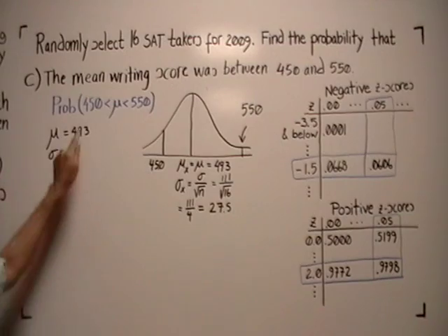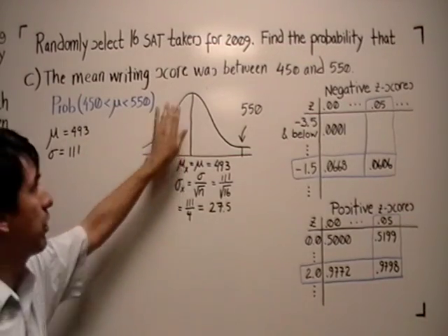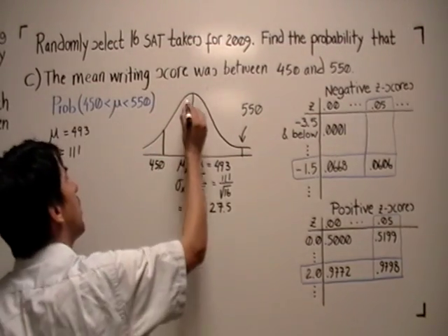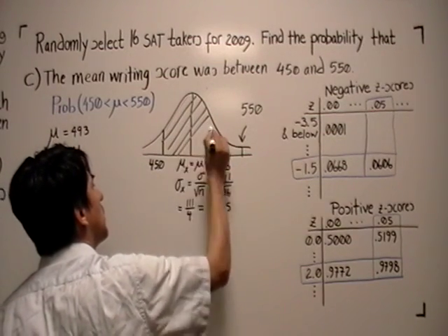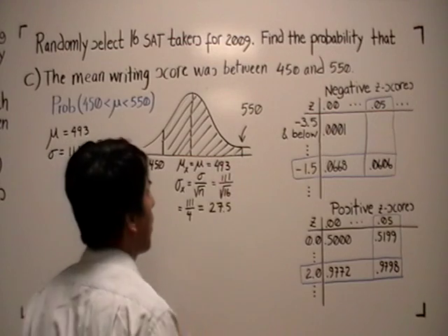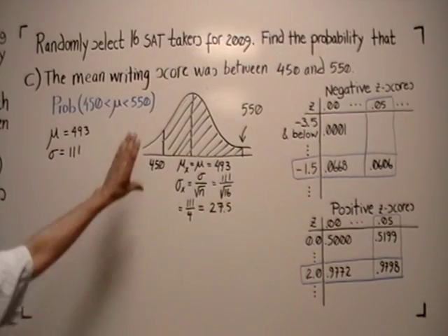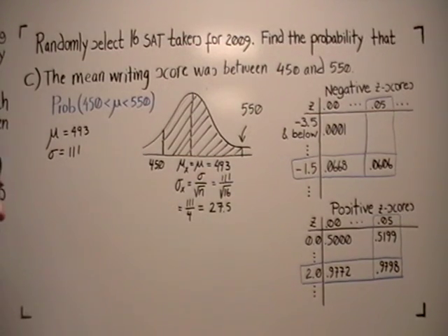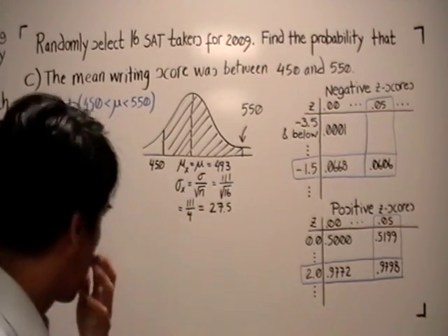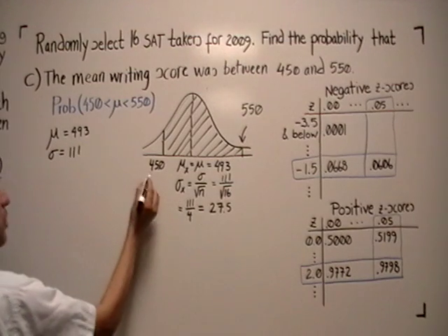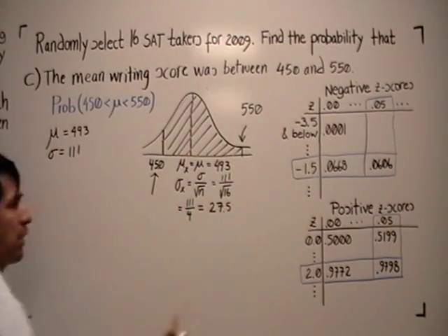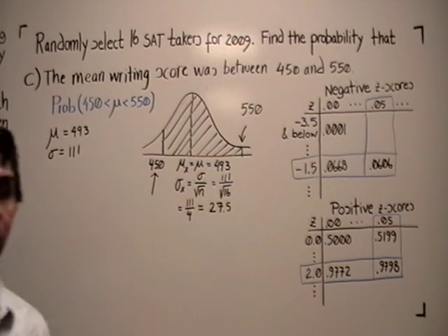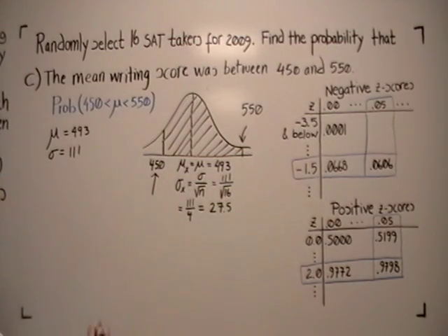So what we want is the area under the curve between 450 and 550. In order to solve the problem, we'll have to convert this distribution into the standard normal distribution using z-scores. So we proceed to compute the z-score for 450 and the z-score for 550 so that we can study the problem in a standard normal distribution.